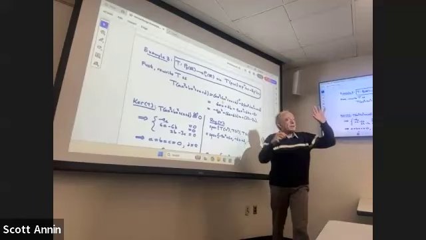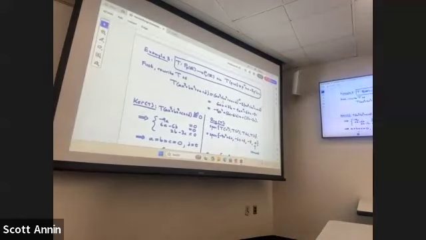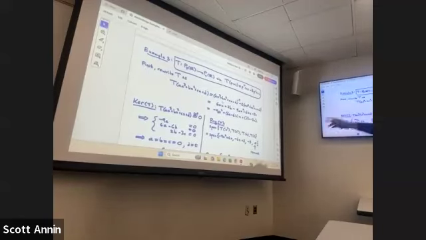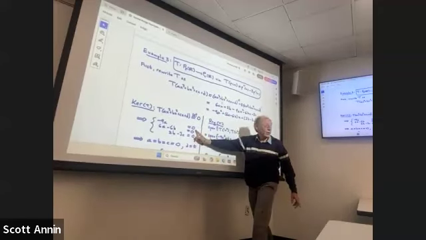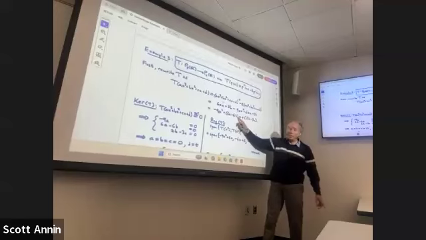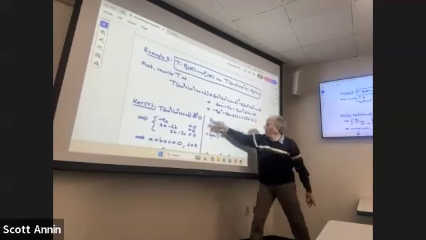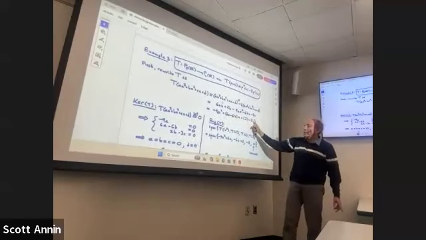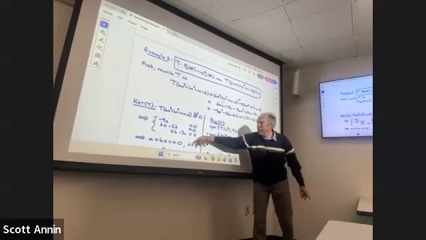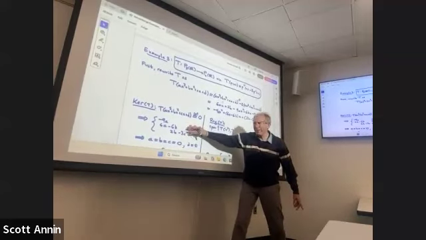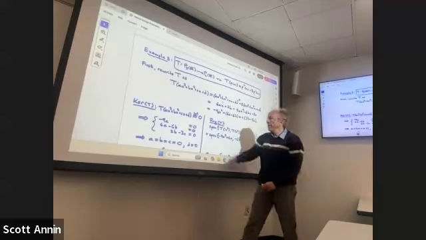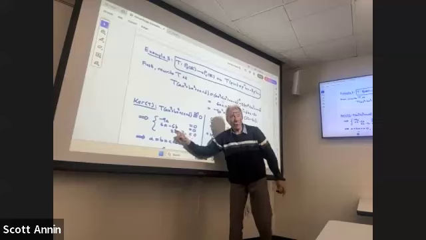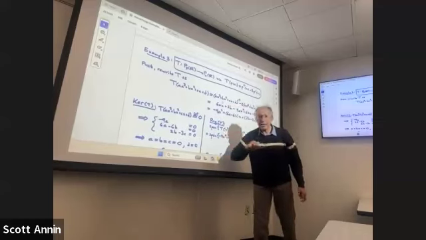Now, when you're setting a polynomial equal to 0, what you're really doing, guys, is setting each of the coefficients equal to 0. So negative 9a should be 0. 6a minus 6b should be 0. And 2b minus 3c should be 0. And if you just look at this little system, I don't even really need a matrix for this one. It's pretty easy to figure out that a has to be 0 and therefore b has to be 0 and therefore c has to be 0.